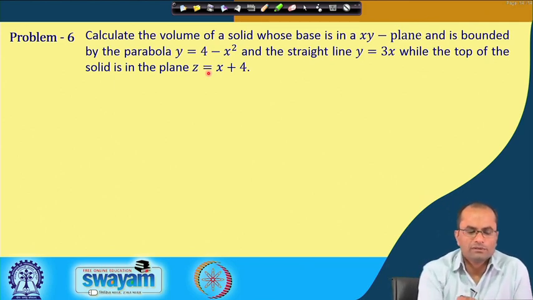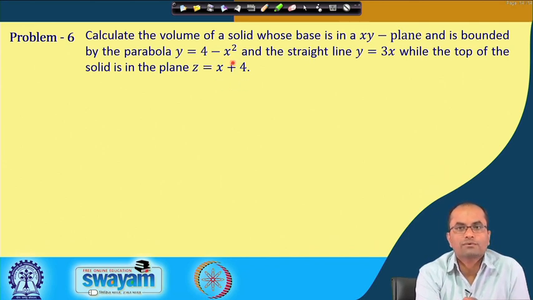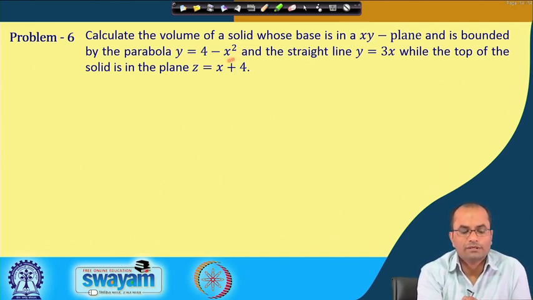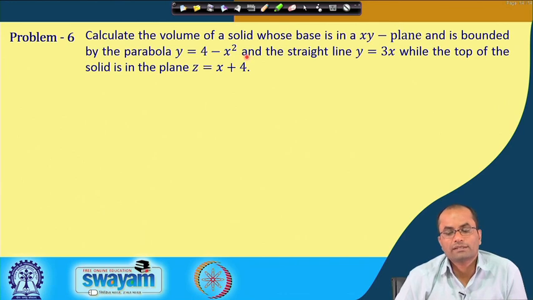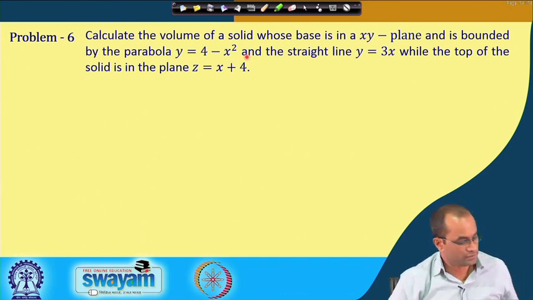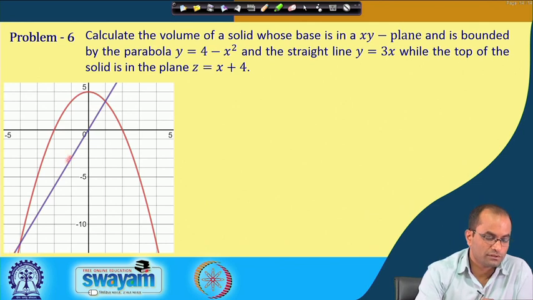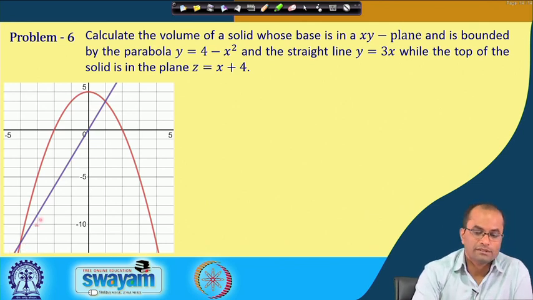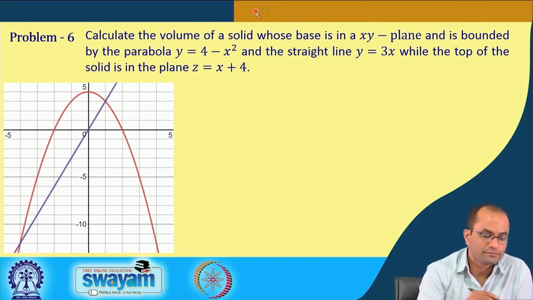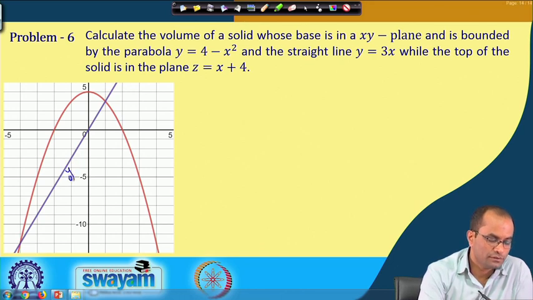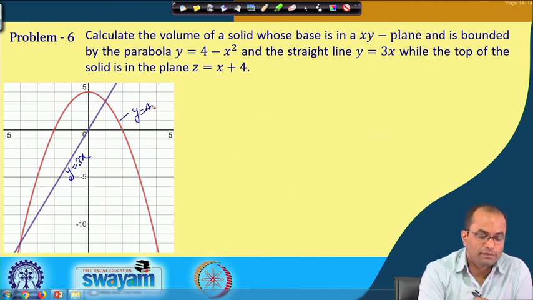So, again a similar problem. The integrand will be x plus 4 and the region will be bounded by y is equal to 4 minus x square and y is equal to 3x. So, we have the line y is equal to 3x and this parabola y is equal to 4 minus x square.